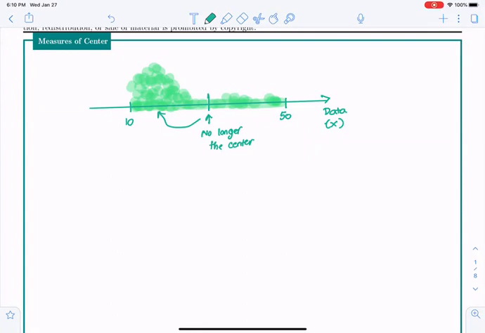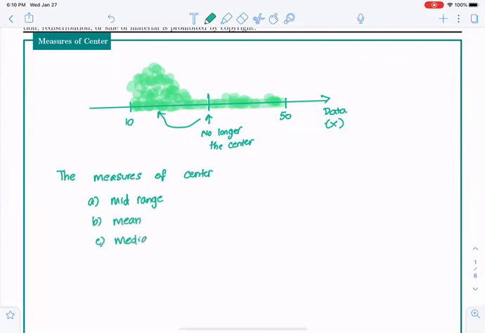All these measures of center are part of something called descriptive statistics. There are 4 measures of center: mid-range, mean, median, and mode.